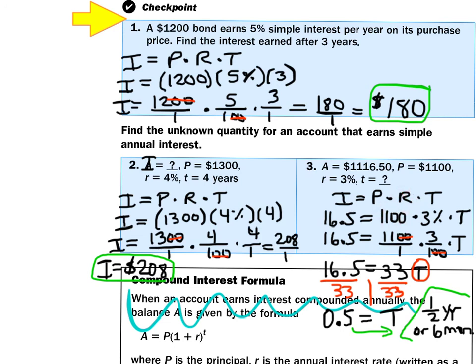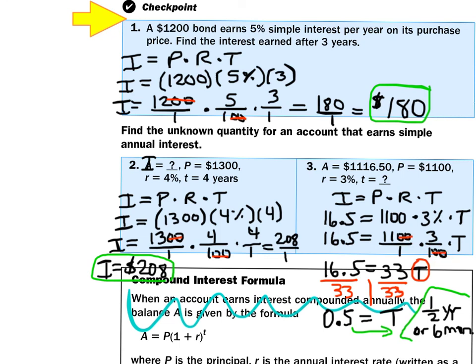The R, the annual interest rate, was 3%, and the T we don't know, so leave it like a T. Now again, notice the 1,100 ends in 2 zeros, so I'm going to use fractions to get rid of those zeros, okay? So I have 16.5 equals 1,100 over 1 times 3% is 3 over 100 times T.